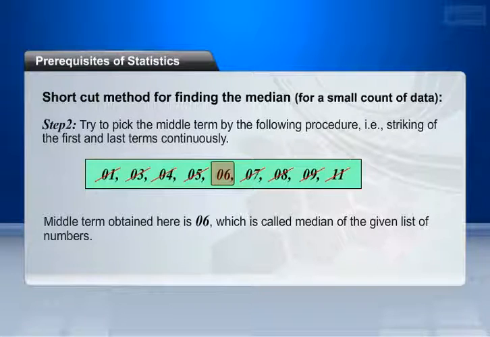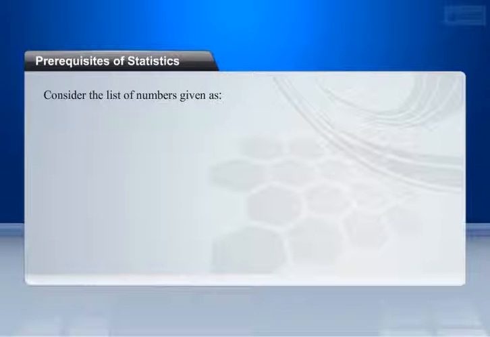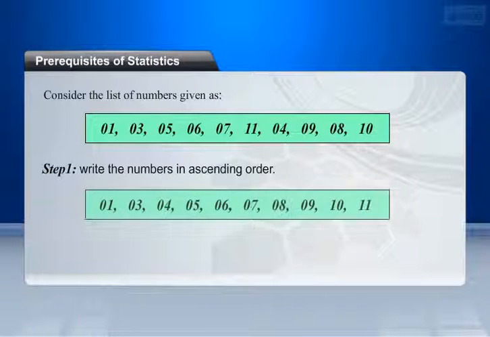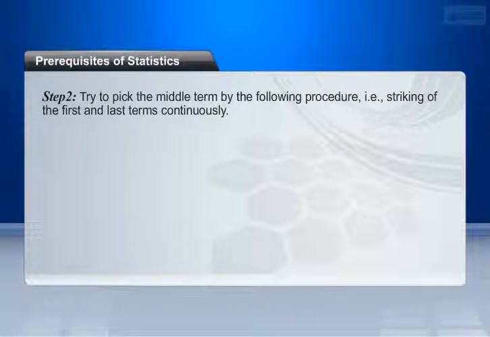Let's now consider another set of numbers. Consider the list of numbers, that is 1, 3, 5, 6, 7, 11, 4, 9, 8, 10. Step 1. Write the numbers in ascending order. 1, 3, 4, 5, 6, 7, 8, 9, 10, 11. Step 2.